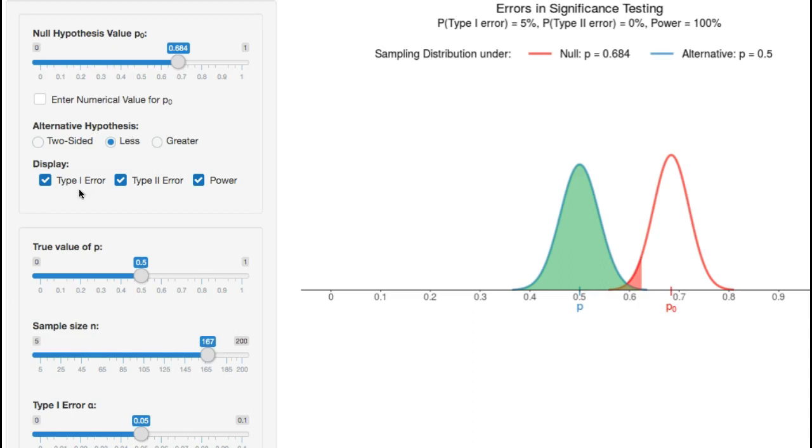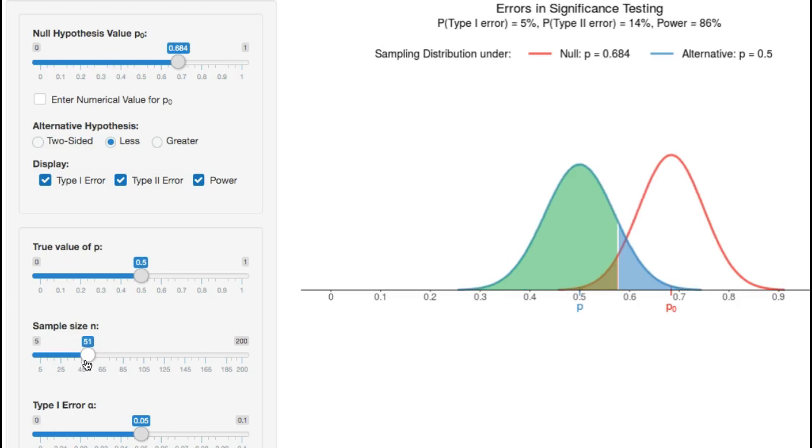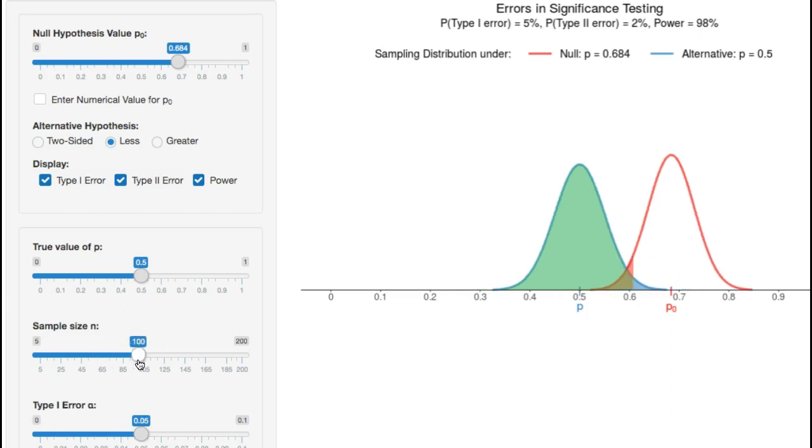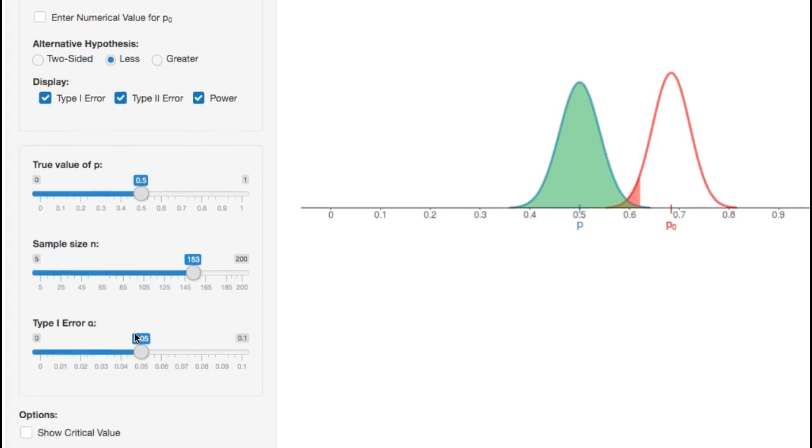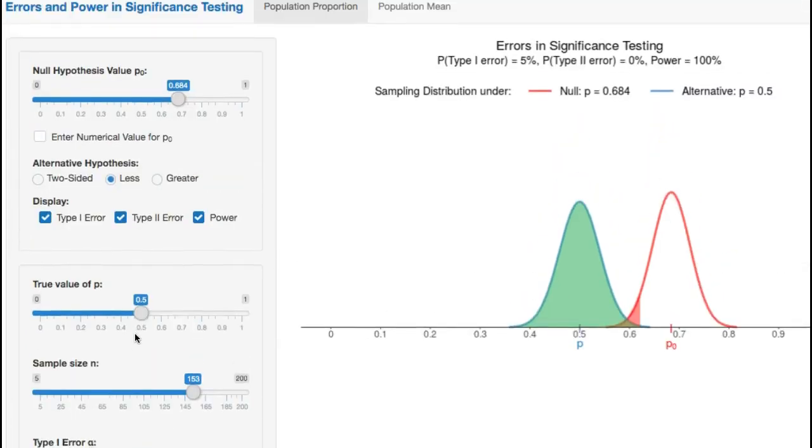So here, if I start with a sample size of 50, you can see my alpha level was 5%, my beta was 14%, and my power was 86. Now we go to 100. So you could play with this a little bit to help you understand it better.